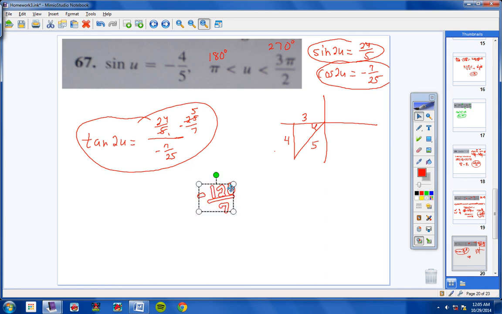According to the back of the book, the answer is supposed to be negative 24 over 7. That is what it should be, and I'm trying to figure out why this isn't working.